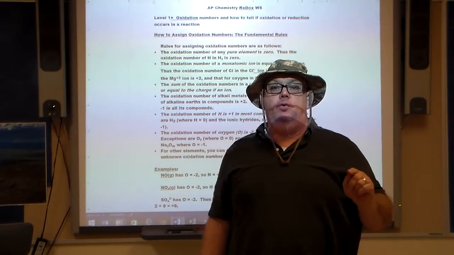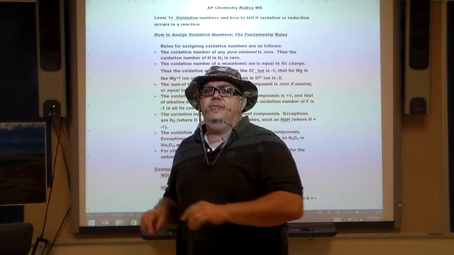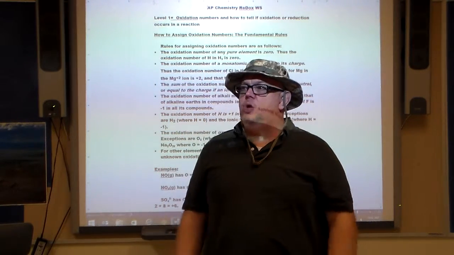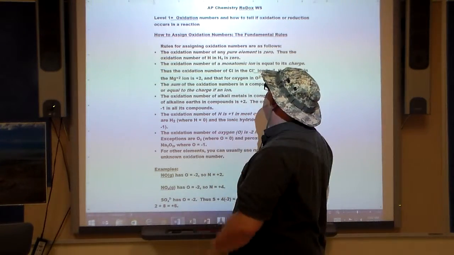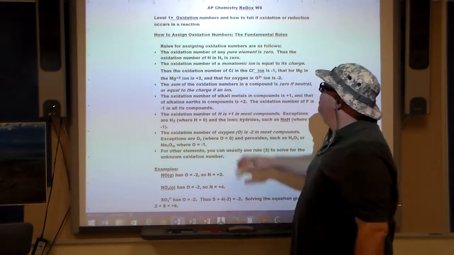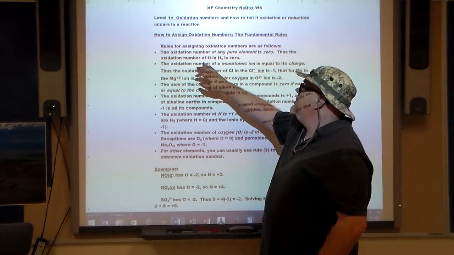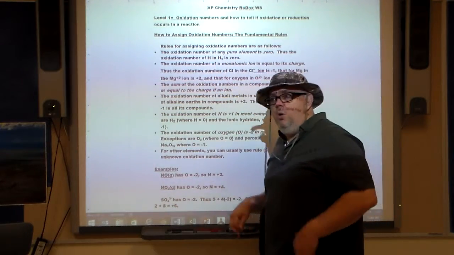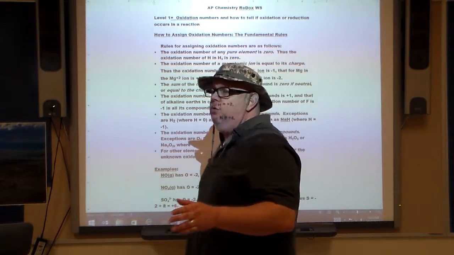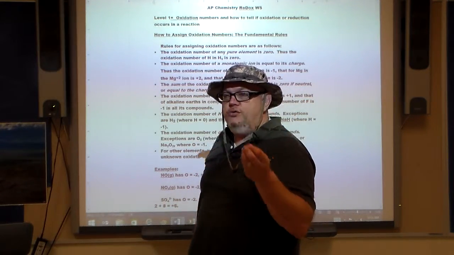That's another issue. We're not talking about what it takes to make the atom have its maximum amount of valence electrons. We're just talking about the element in its natural state, a pure element, being 0. So the oxidation number of H and H2, for example, is 0. The oxidation number for silver will be 0 when it's in its pure form.